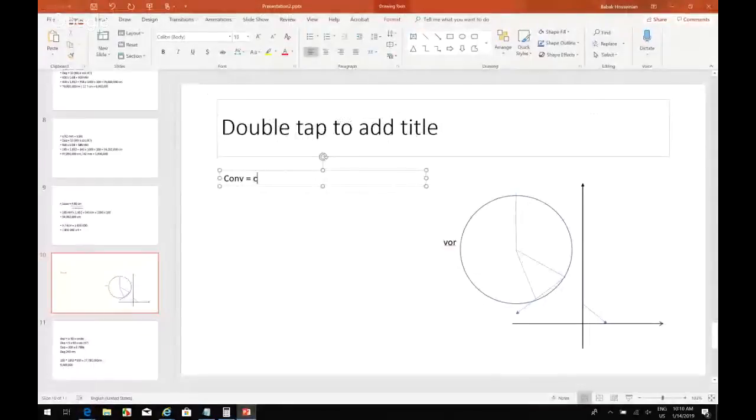Change of longitude, chalong, times sine mean latitude.